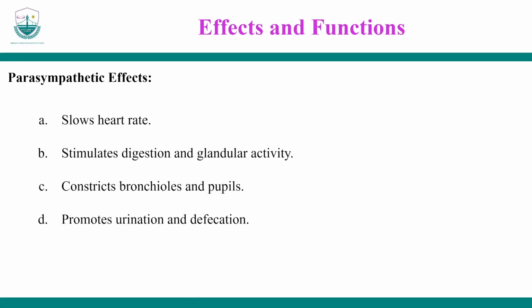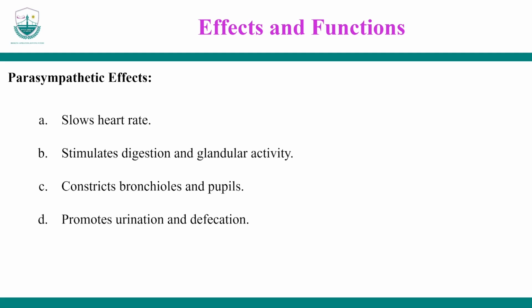So when you are calm, in a restful state, you have the parasympathetic. Your heart rate is down, digestion is moving on well, glands are active, and the secretions are all being secreted during this time.